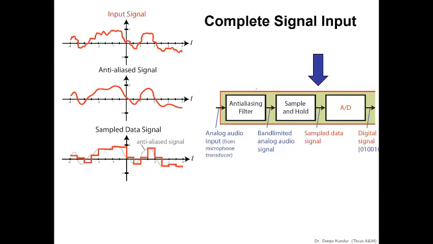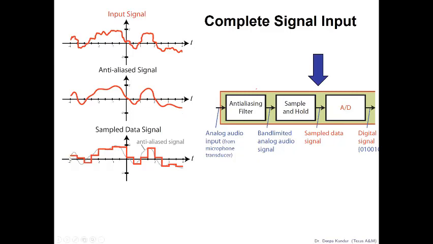It's got to go through some processing in order to figure out, okay, what output value should I create for this particular input voltage? And while it's figuring that out, it needs something to hold that voltage constant for it so it can go through its tests and figure out what to put out. And so that's the job of a sample and hold.